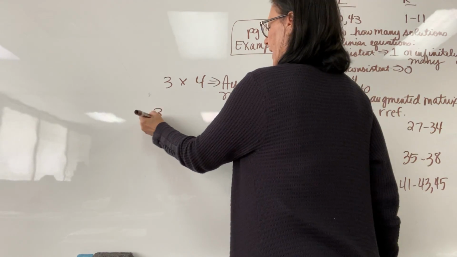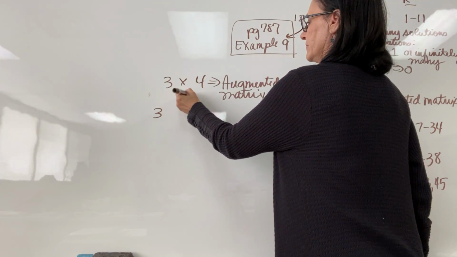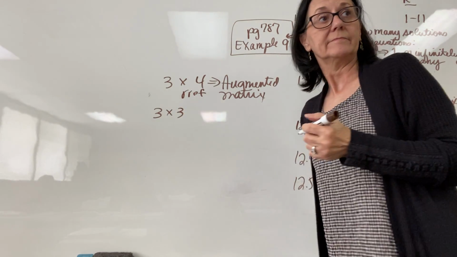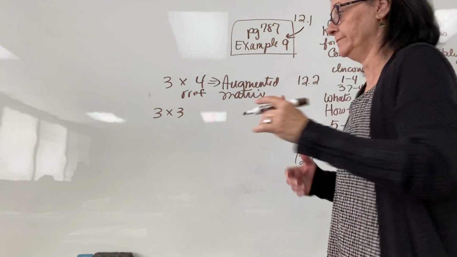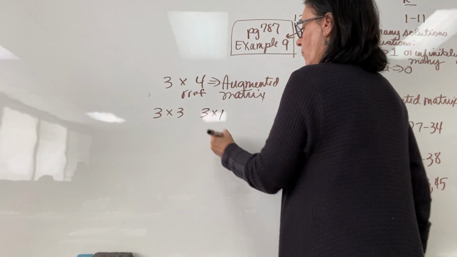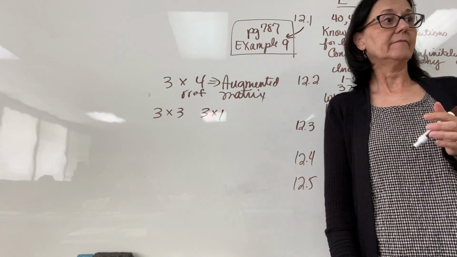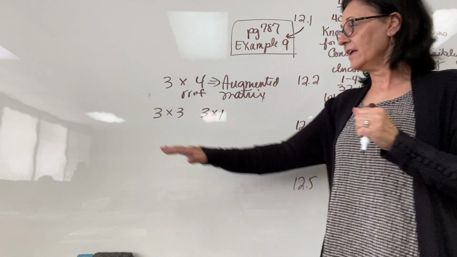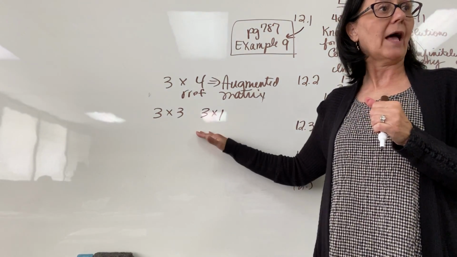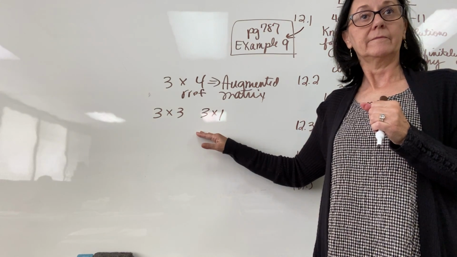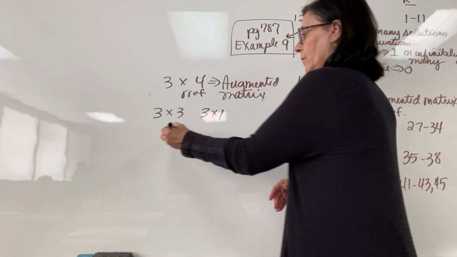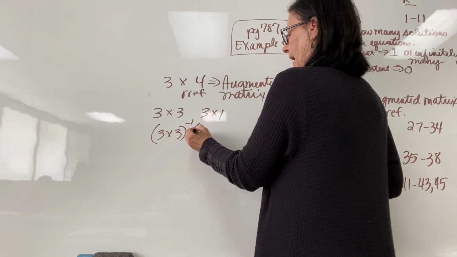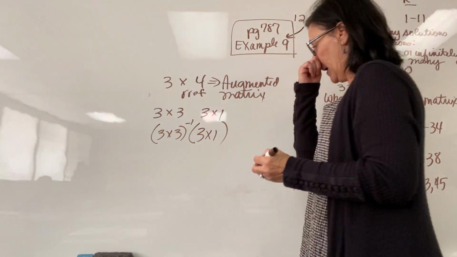Or we could do, and this is when we're going to do RF, a 3 by 3, just the coefficients, and then a 3 by 1. Then what are we doing? We're taking the inverse of the 3 by 3 and multiplying it by the 3 by 1.